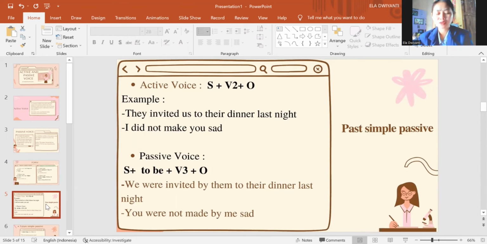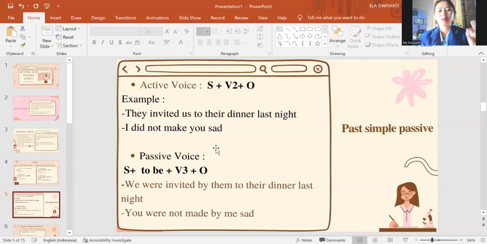Okay, when we want to change it into the passive voice, we need to switch, same as in the present simple and present continuous. In the past, we also need to switch the subject and object of the active voice.